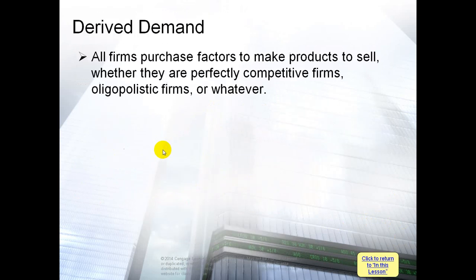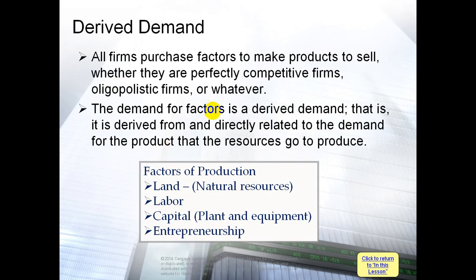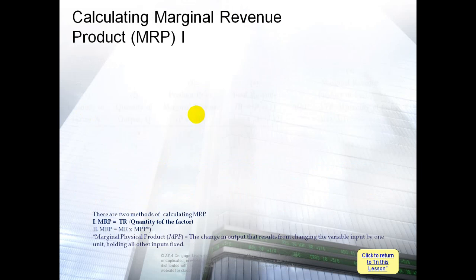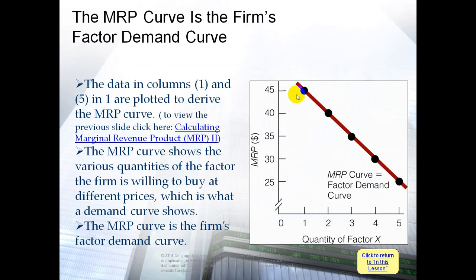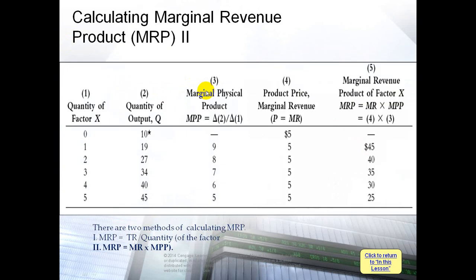And the demand curves for the product and for the factor are downward sloping. So the MRP and the demand curve for the factor are both downward sloping.